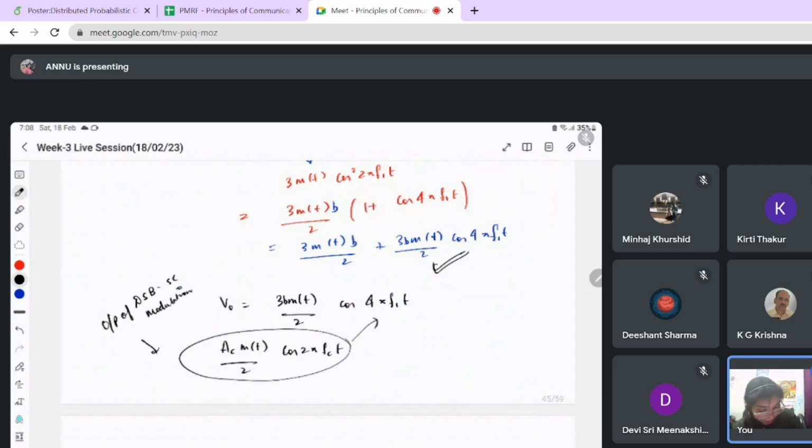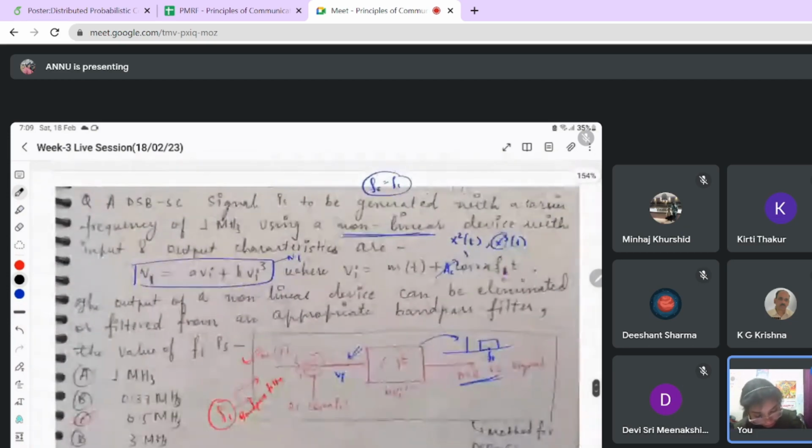You have to compare this. So here cos 4 pi f1t you can write as cos 2 pi 2 f1t, and then 2 f1 is equal to fc. Then f1 is equal to fc by 2. And here fc is written.